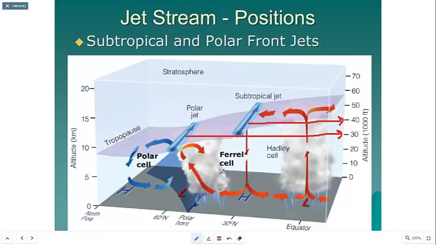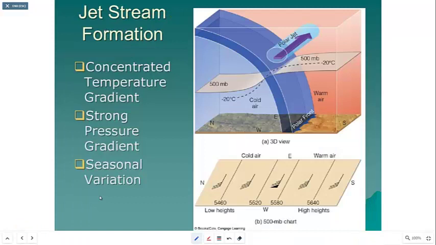Okay, so let's continue on and take a look at a cross-section of the polar jet stream. It's going to lie in that region where we have a fairly good slope between the 500 millibar level. So here's the warm air going on the other side to the colder air.